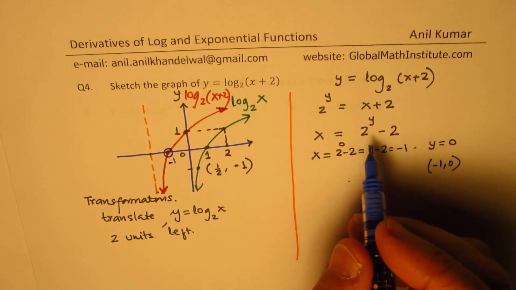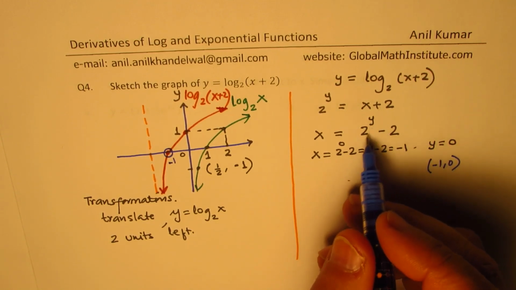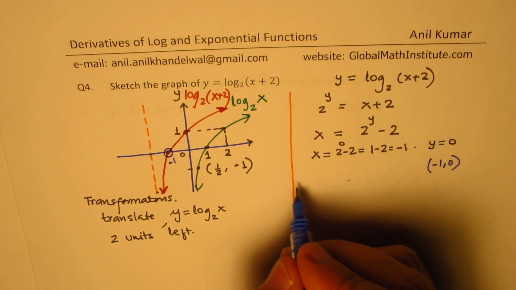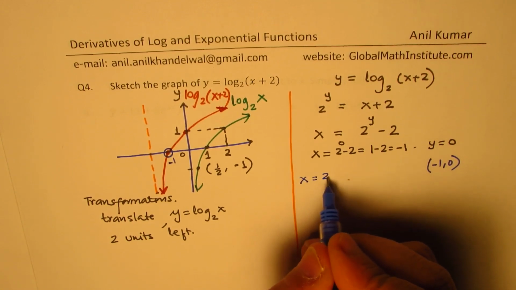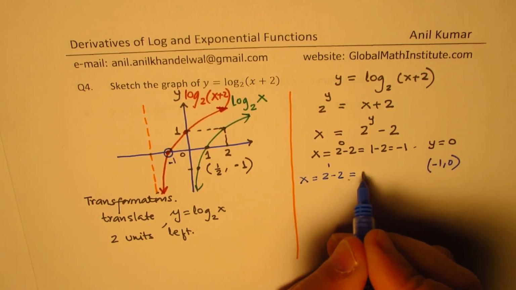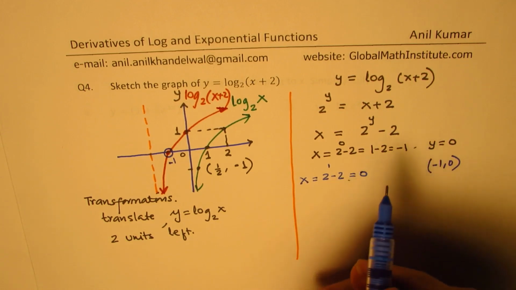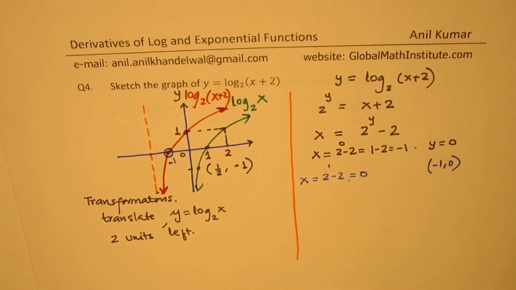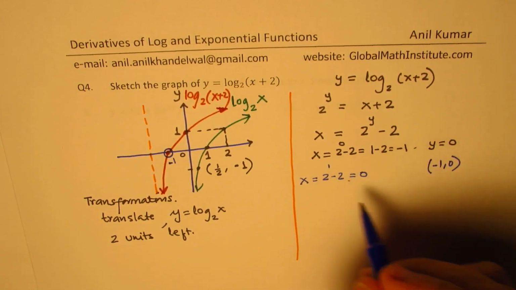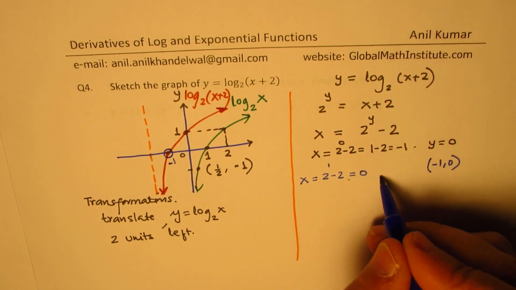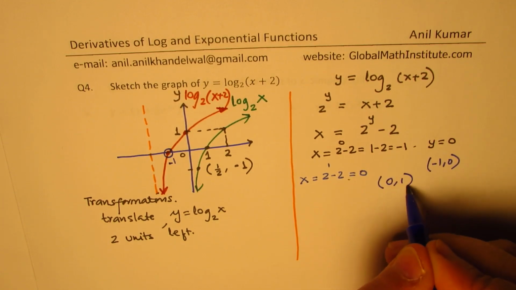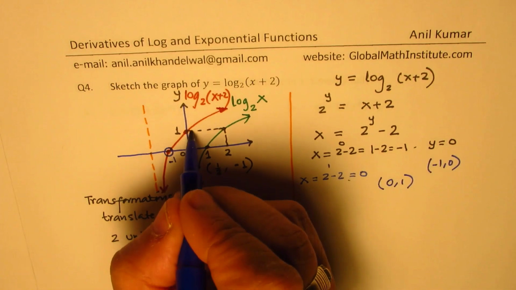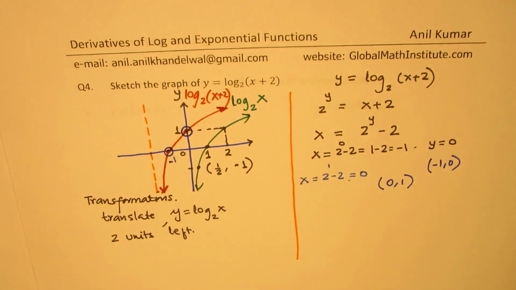Now, if I substitute 1 for y, we get x equals 2 to the power of 1 minus 2, which is 0. So we have another point here, (0, 1). So at 0, the y value is 1. Do you see that part?